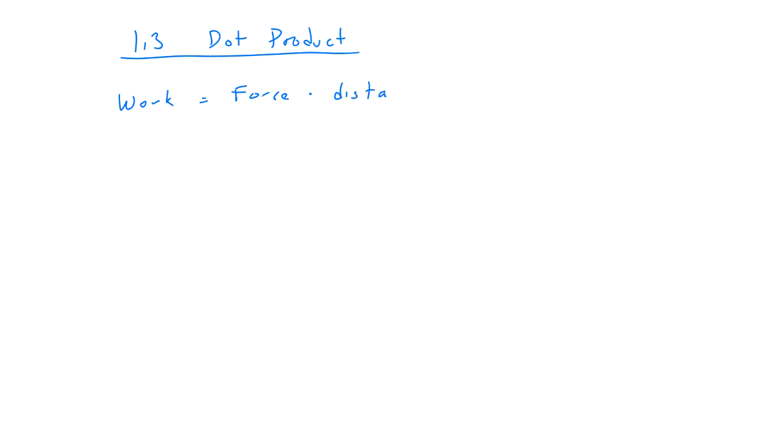So we just did work is equal to force times distance. But suppose I have something like this, which is I'm pushing something along the ground, but I'm not pushing along it, I'm pushing at an angle. And let me put in an angle.